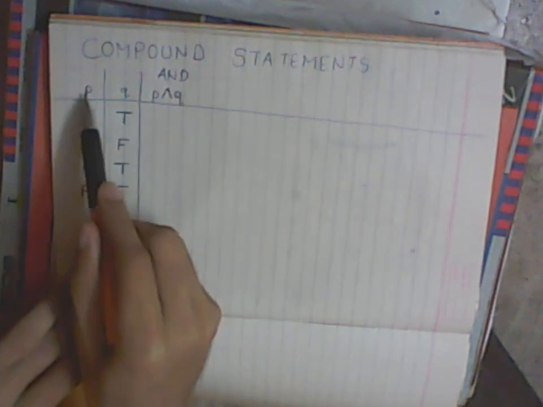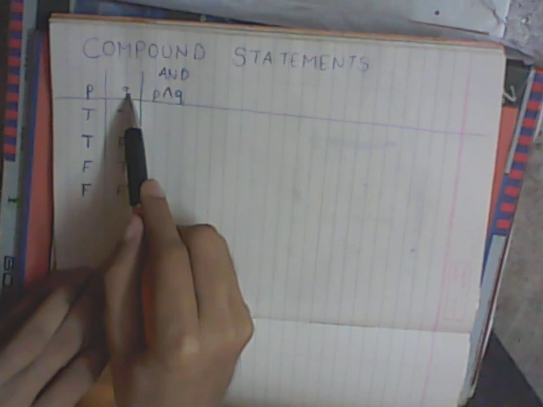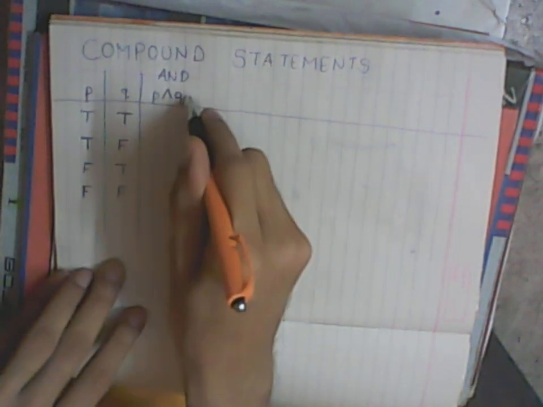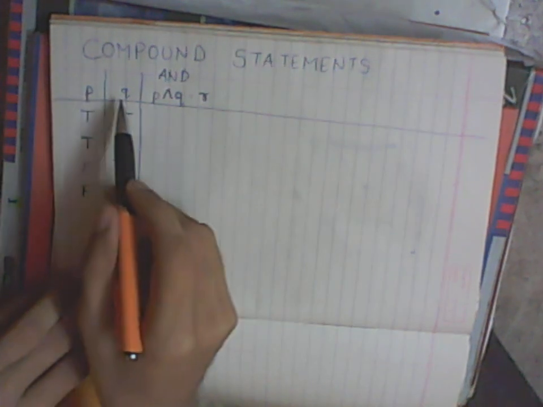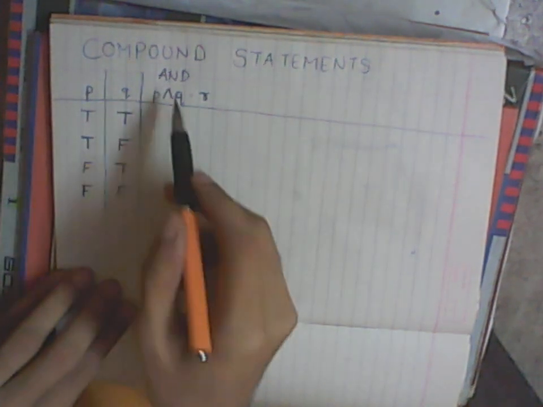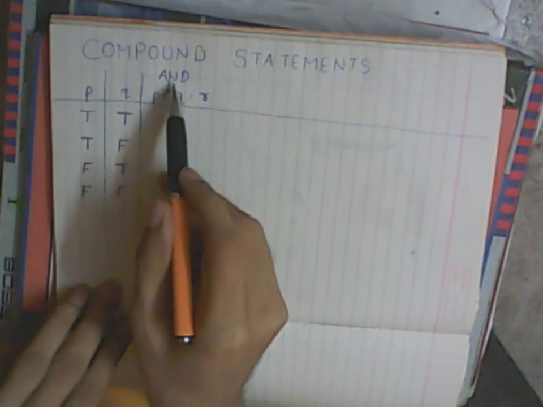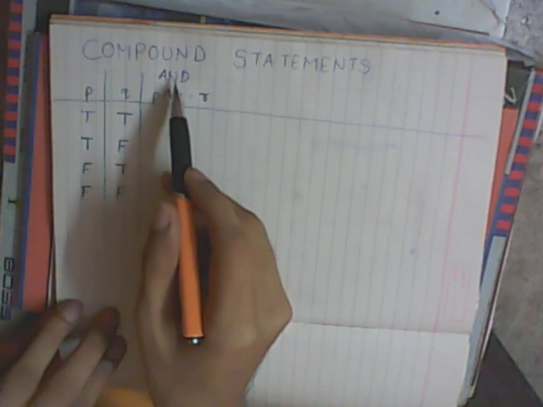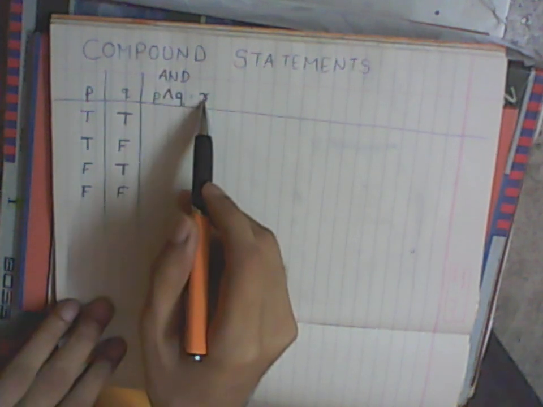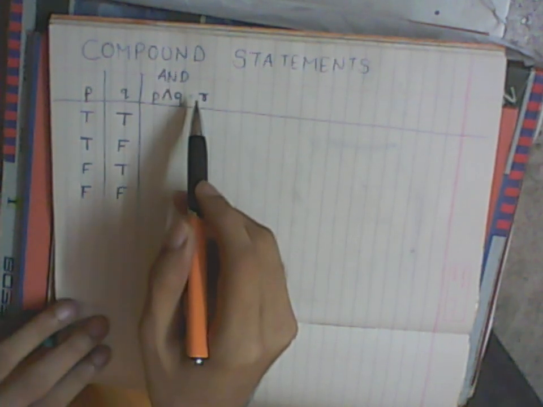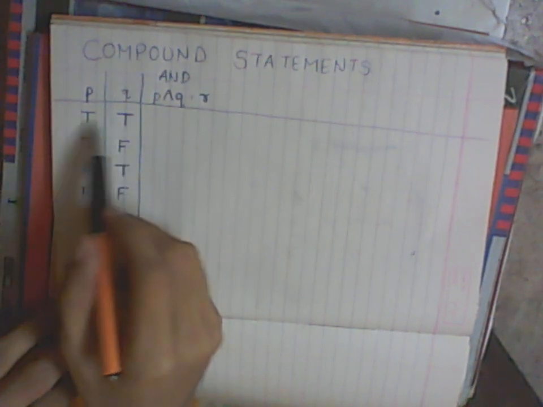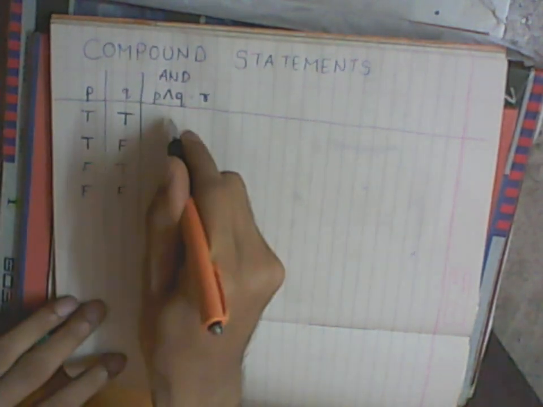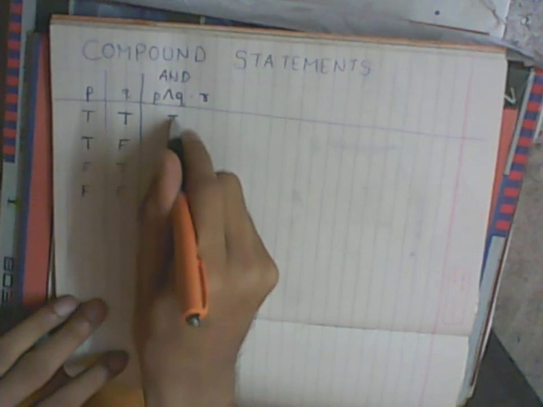So if you have a statement P and a statement Q, you can make another statement, let's say the new statement R, which is just P and Q, and it is very much in parallel with the English word and that we know. This statement will be true if both P and Q are true.